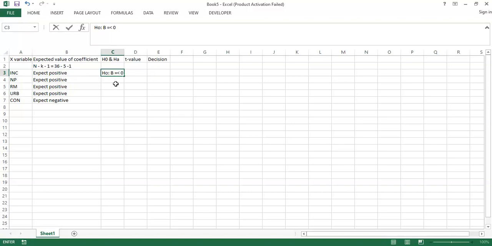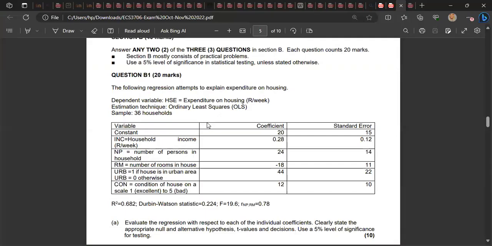Why do we expect negative in the condition of the house? That's a very good question, because I would have ideally expected a positive there. But if you look at how it's written here, they are saying the condition of the house is on a scale of 1 to 5. If it's 1, then it's excellent.